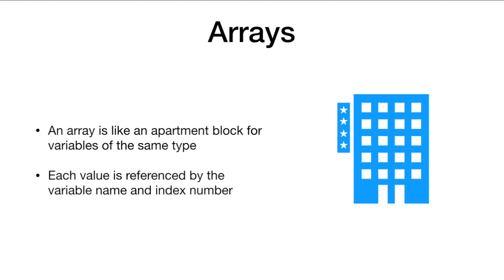It would be like the name of the building and the apartment number. The variables we'd seen before were pretty much just like building names with no numbers, but we can actually have a building and a number for a variable store also.